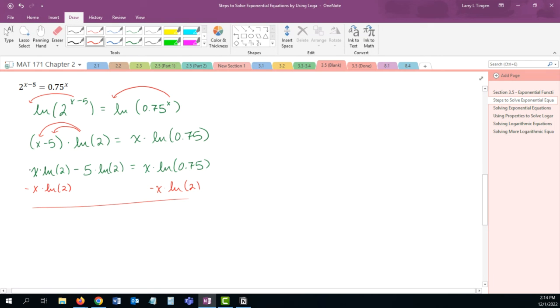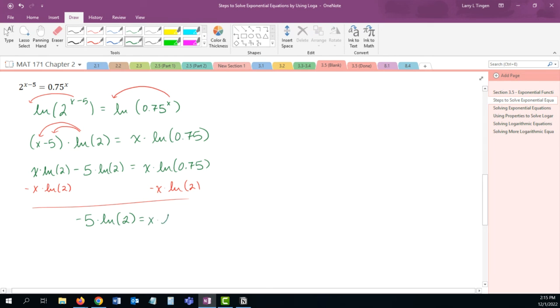Why is it subtract? Because this is negative 5 natural log of 2 plus x times the natural log of 2. So plus x natural log of 2 minus x natural log of 2. So that goes to 0, which means on the left I still have negative 5 times log 2, and on the right I now have multiple terms.